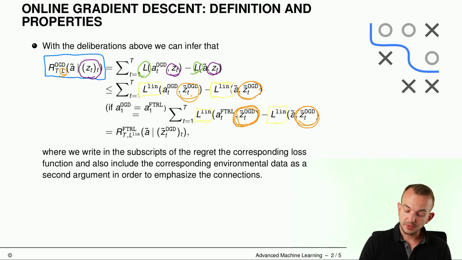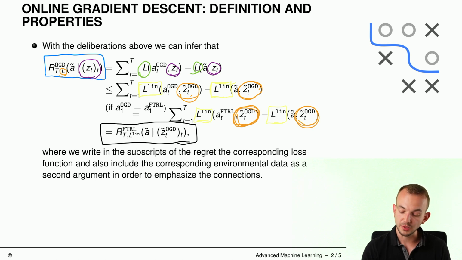So what we get is here nothing else than the regret of the follow the regularized leader algorithm for the linear loss function, if we would feed it instead with these artificial environmental data points.